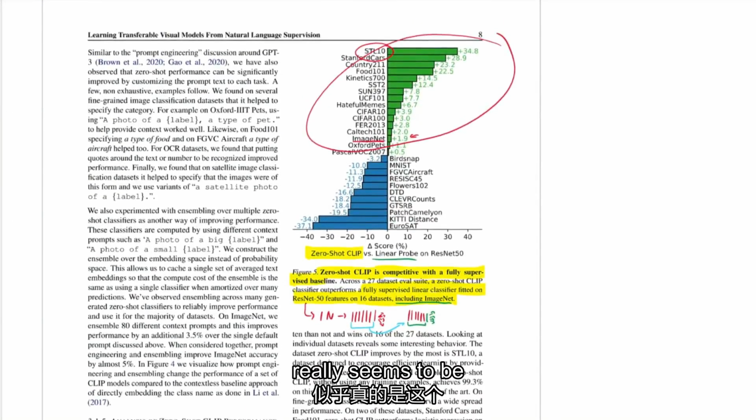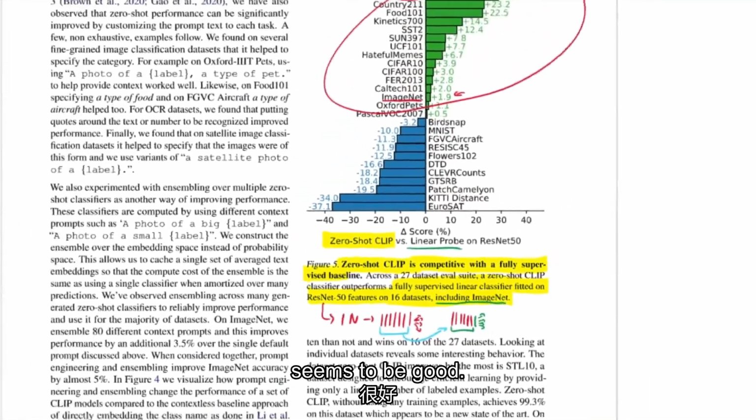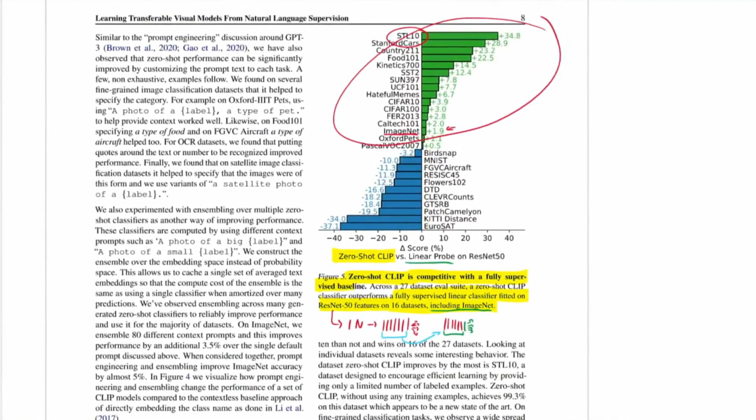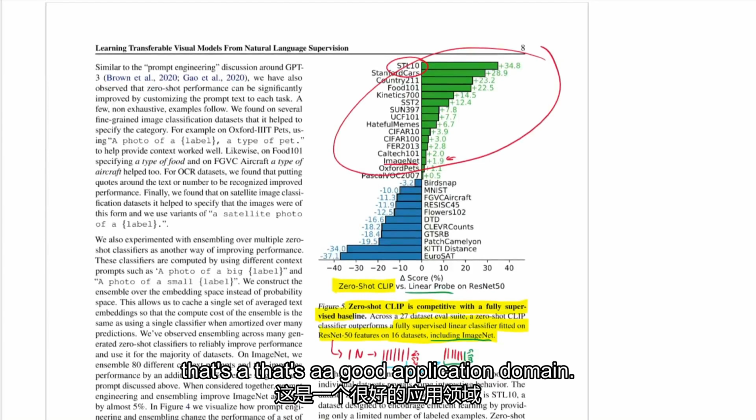So this zero-shot CLIP objective seems to be good if you have images that are natural, that happen a lot on the internet, but are not really like ImageNet. There exist quite a number of those, and you have few labeled examples of, if any, right? So that's a good application domain.